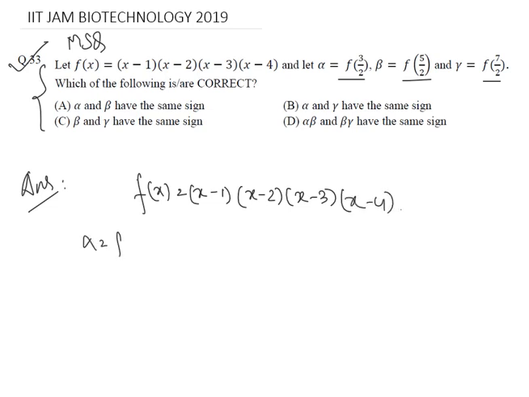Now alpha is equal to f(3/2), beta is equal to f(5/2), gamma is equal to f(7/2).